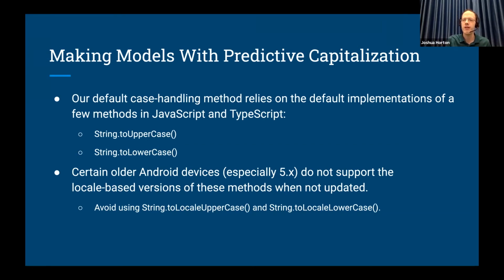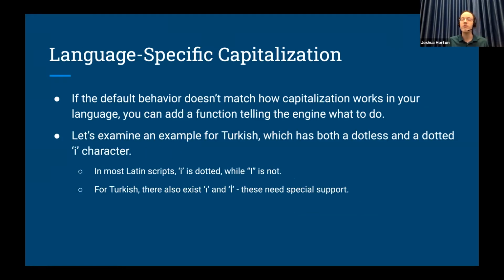We do have these trade-offs to consider, and hopefully in a few years we won't have to worry about that older generation of Android devices at all, and these methods will be a near guarantee at that stage, but we don't feel quite comfortable making that call yet. So please do avoid making use of those functions.